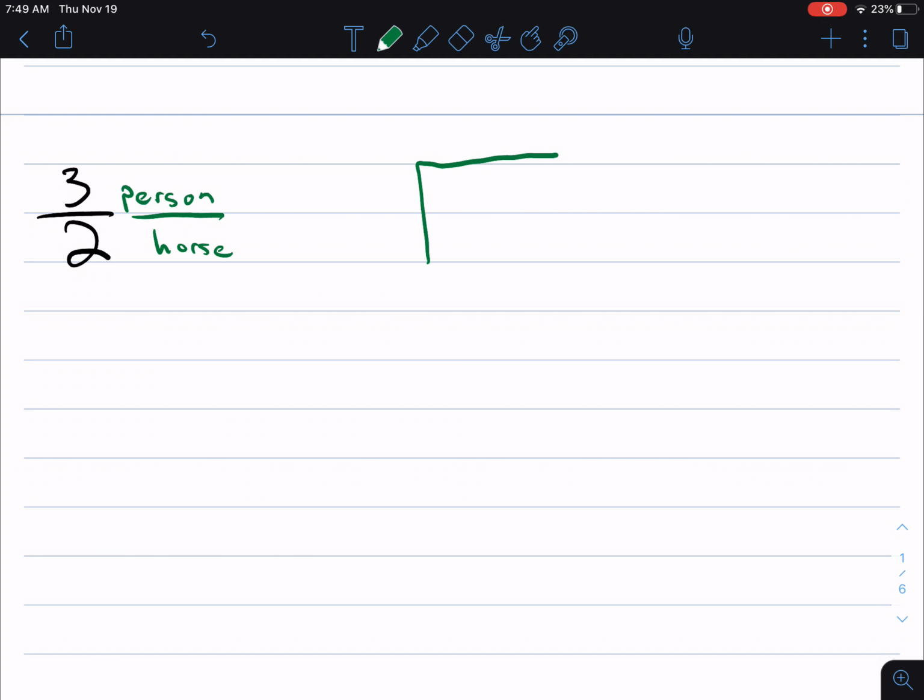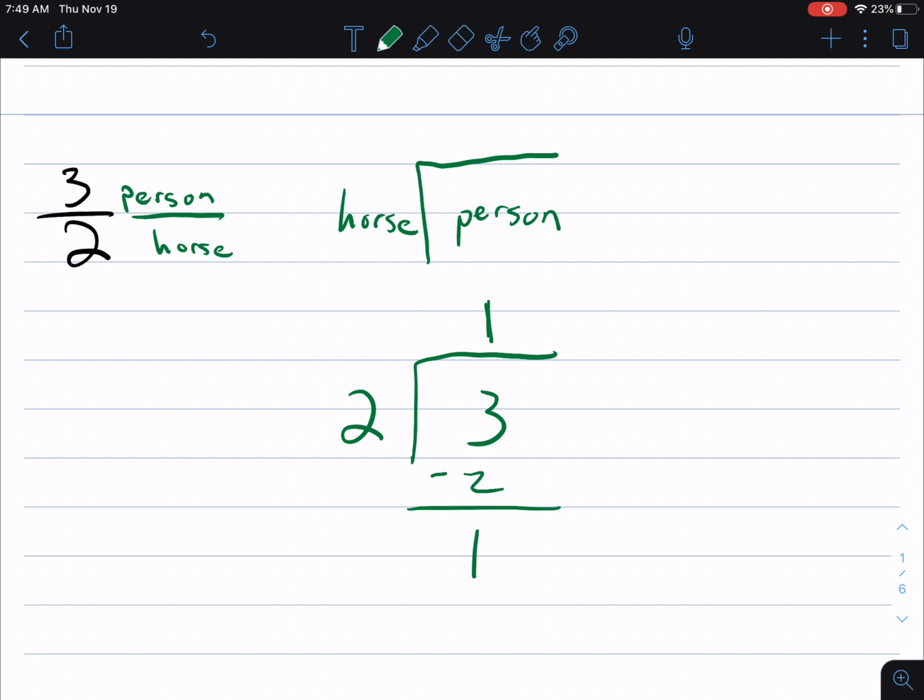The person. So here I can write person goes inside, and horse is outside. So 3 is inside and 2 is outside. 2 a 3, ¿cuántas veces? One time, una vez. Minus 2.